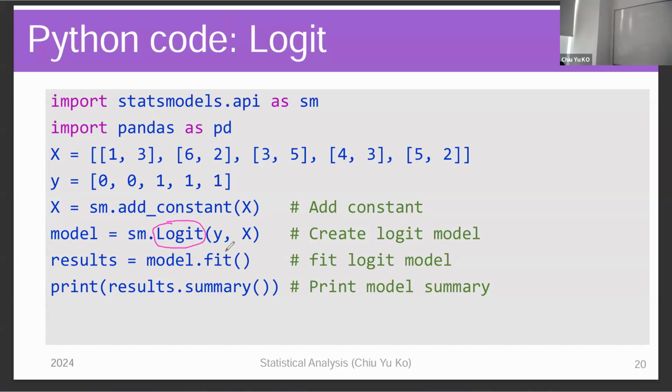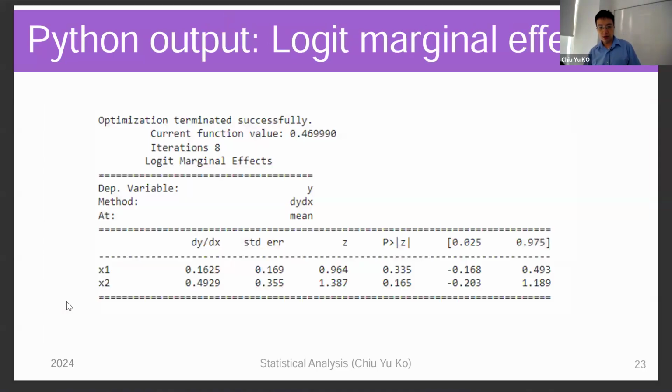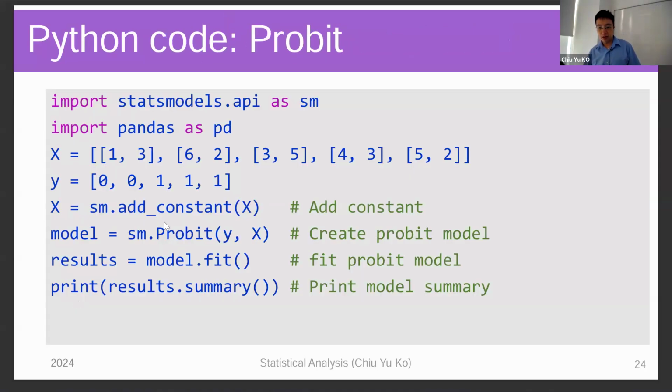In terms of Python, it's very simple. With the Logit there, if you run a Probit, then it will be somewhat like here, right? And we'll give you more detail after the break. Don't worry. But I hope I give you an idea why not fitting a line, but we can make sure that it's from 0 to 1.